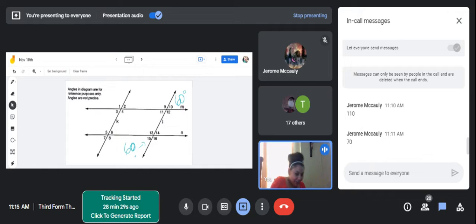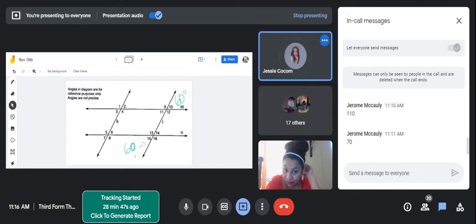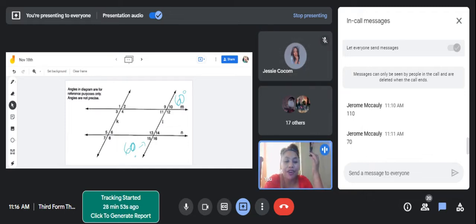They're not corresponding angles. Corresponding angles is like 10 and 16, right? Not 10 and 15. What is it going to be? Vertically opposite. Vertically opposite? Very good. It's going to be vertically opposite. 10 and 15.